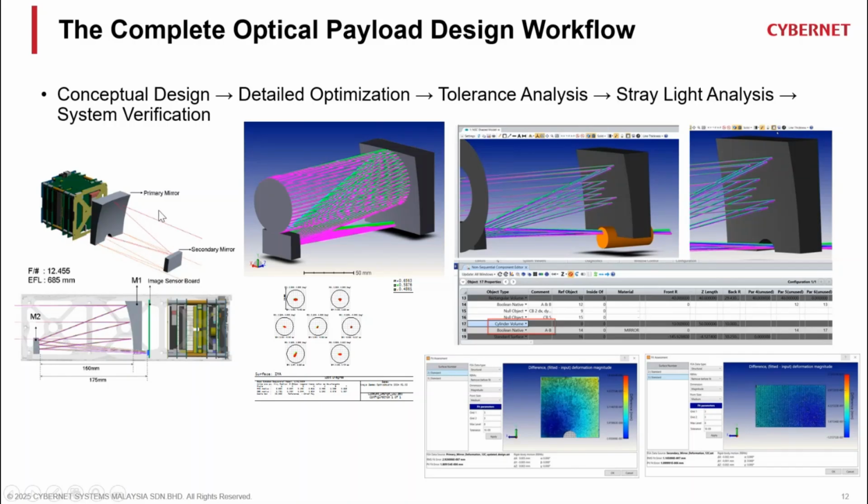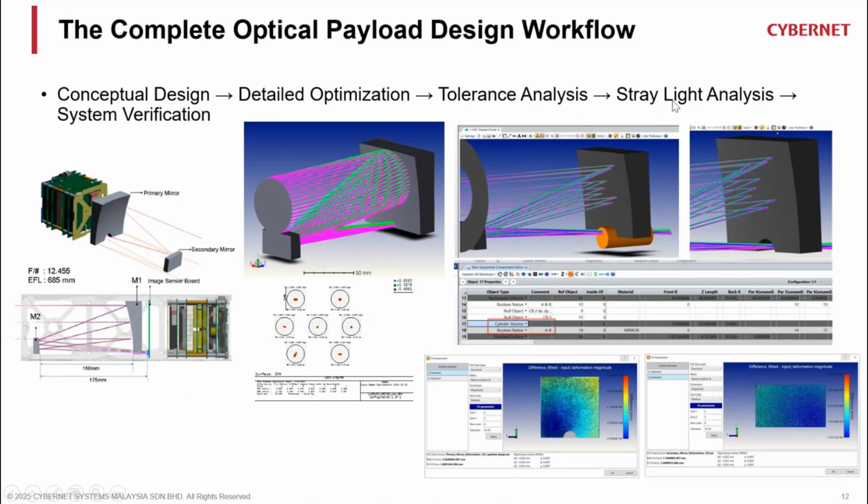It's taken from this article, and also the detailed optimization. We key in all the parameters inside the lens data editor and we can come out with this kind of 3D design and also do the analysis. Okay. And next we will do the tolerancing analysis, followed by the stray light analysis.